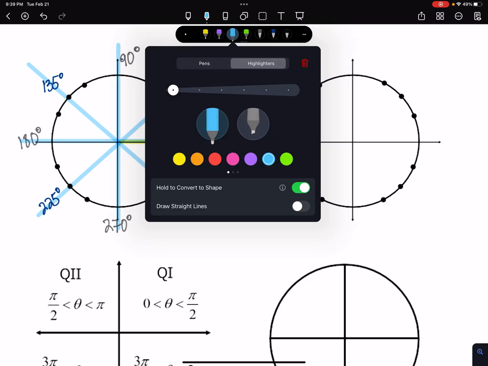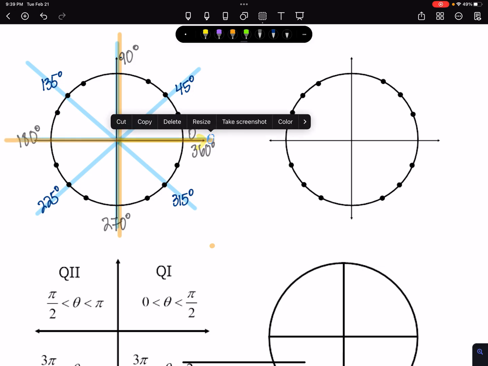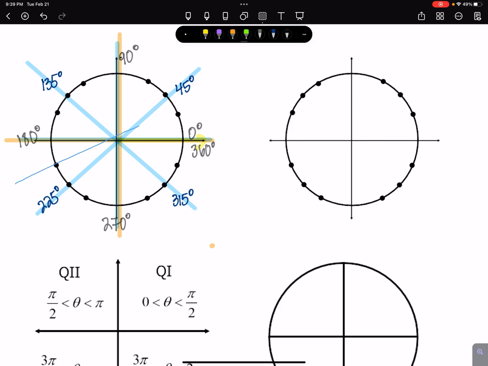Then we're going to take the unit circle, this circle, and cut it into 12 equal parts. Now, those slices are shared, but I'm not going to be sharing any more.